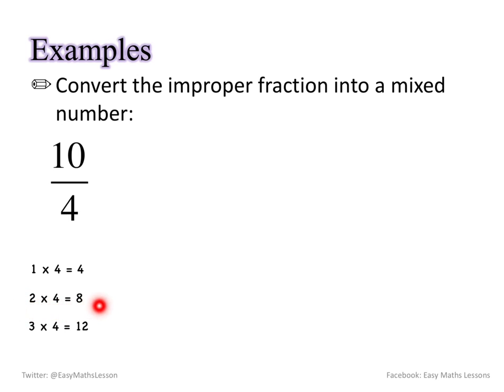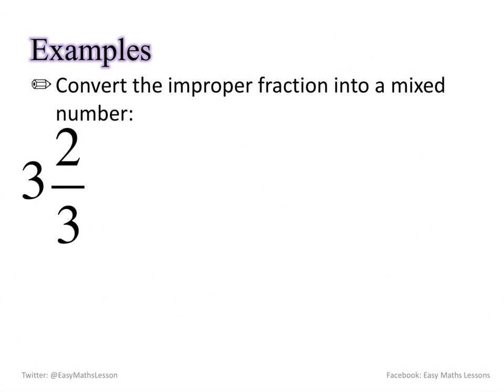So I've got my 2 times 4 is 8, but in order to get from 8 to 10, there's 2 remainders. So I've got a full 2 and 2 remainders. But 2/4 can be simplified, so there we go, 2 and 1/2. I'm back to what I've done in my diagram as well.